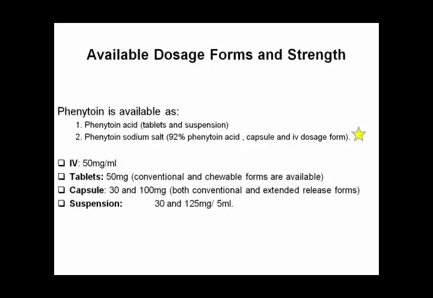Phenytoin is available as acid or sodium salt. The sodium salt has 92% phenytoin acid. So when capsule or IV dosage are used, we need to account for that, because what we measure in the plasma is phenytoin acid.